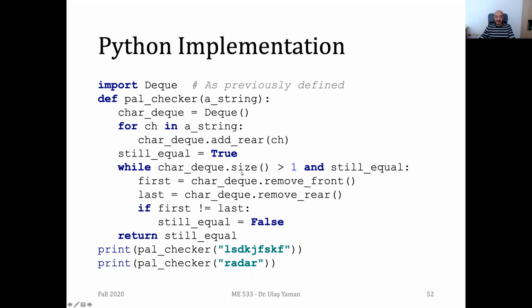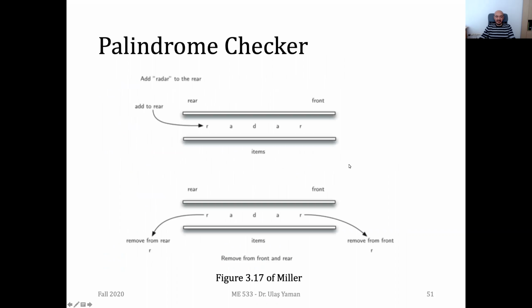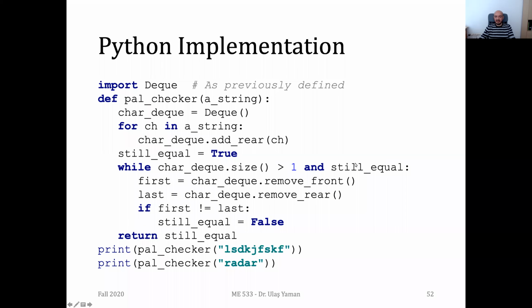If the DAG size is higher than 1 and still equal is true, which means that during your checking operations, you have more than one letter, and you still know that this might be a palindrome, then you should follow these expressions.